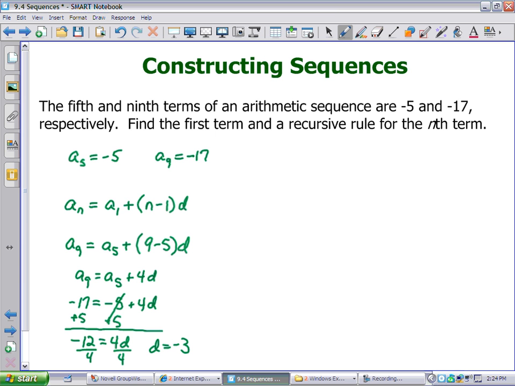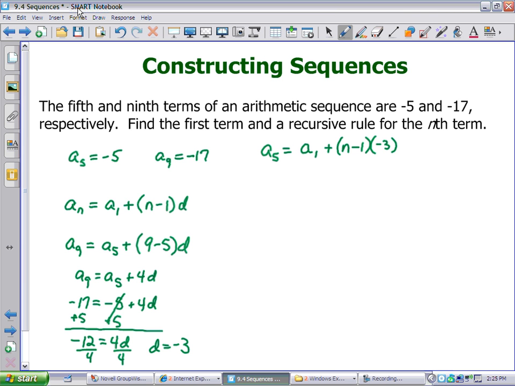All right, well, let's go back to that explicit rule that we had. And now let's put a sub 5 on the left-hand side. Say that I'm looking for my first term, your a sub 1. So I have n minus 1 times my common difference, and the common difference we just found to be -3.